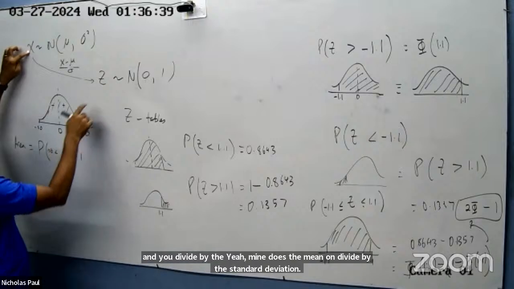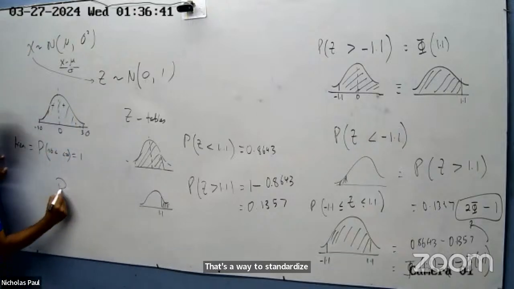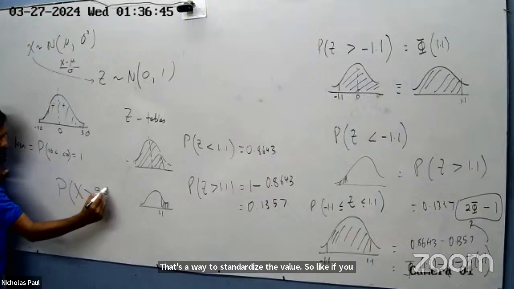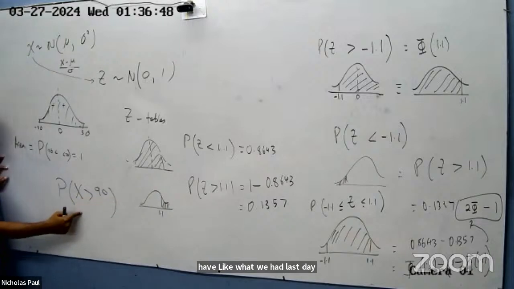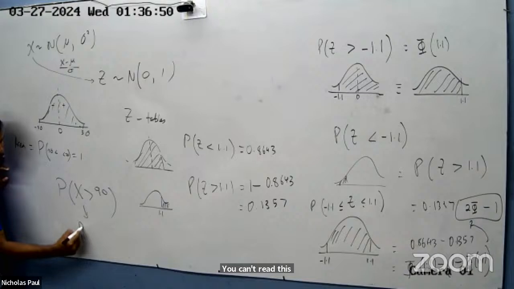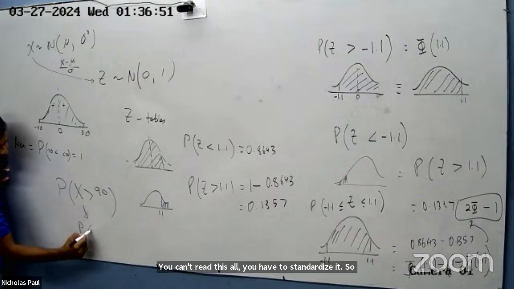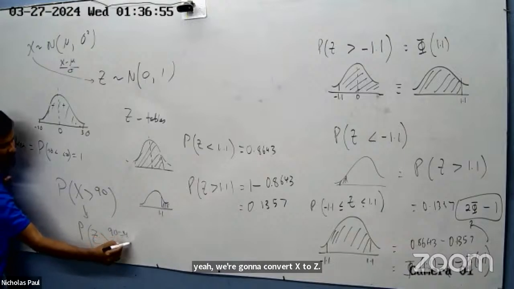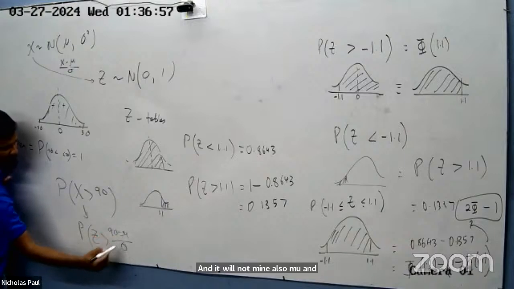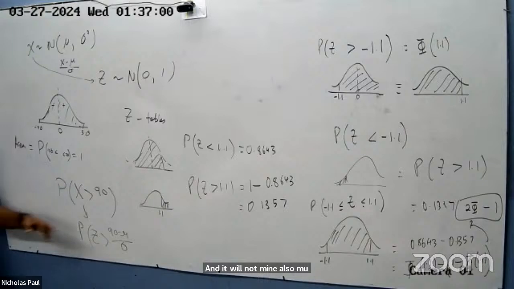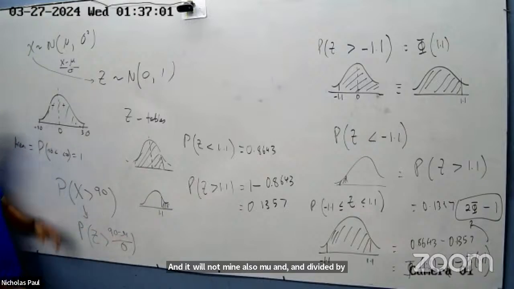That's the way to standardize the value. Like what we had last day, you can't read this off. You have to standardize it. So you're going to convert x to z, minus off mu and divide by standard deviation. But the question will give you those things. You will have it here.